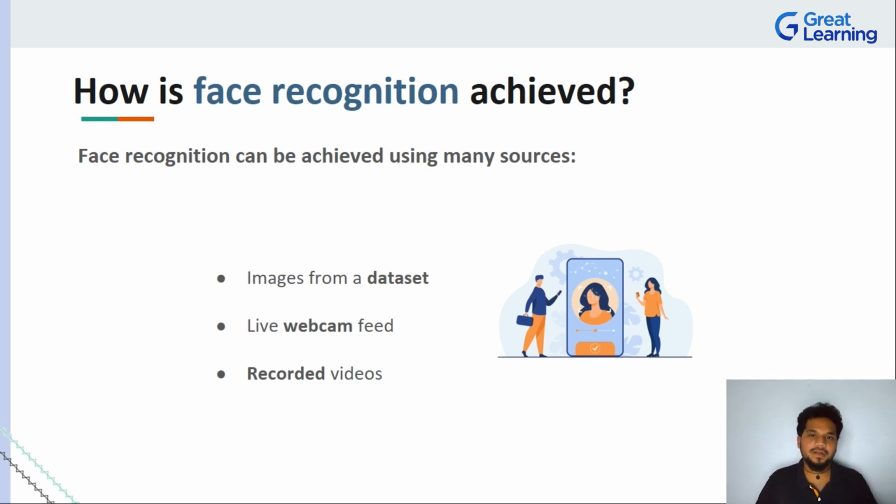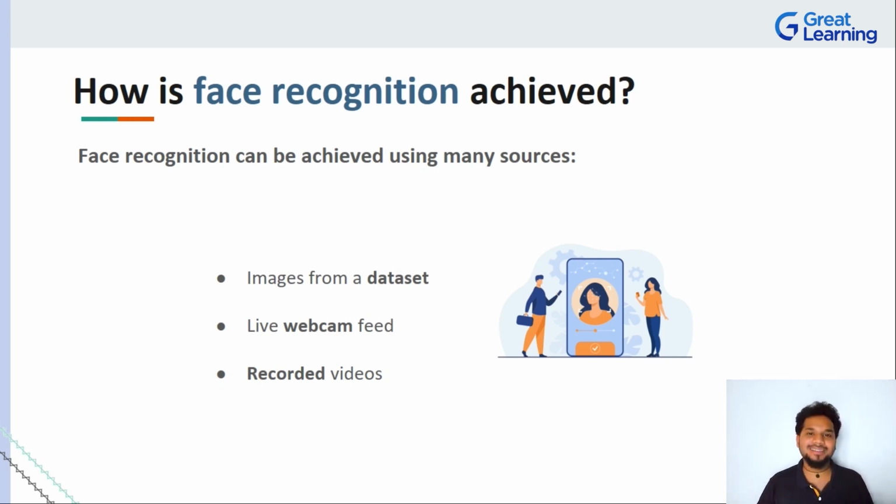And the third thing, of course, guys, should really not come as a surprise to you, right? Recorded videos, of course. If you can give it images, if you can give it live images, if you're giving it a webcam feed, there's a good chance you can also give it a recorded video, right? So this really shouldn't surprise you. And these three are not the only ways it's done, right? A live feed is exactly what I used to unlock my mobile phone.